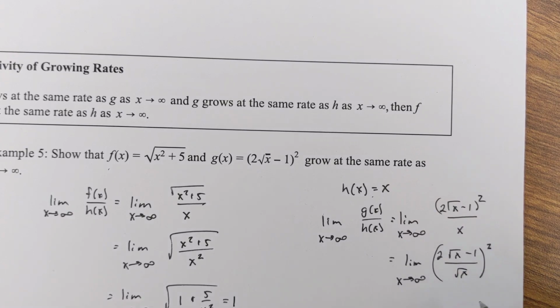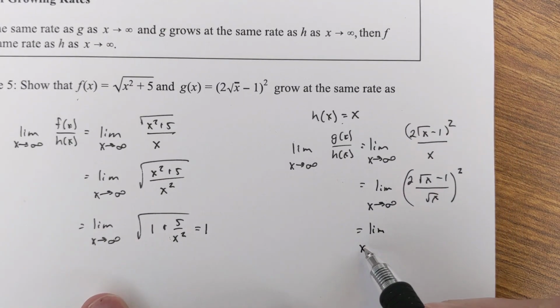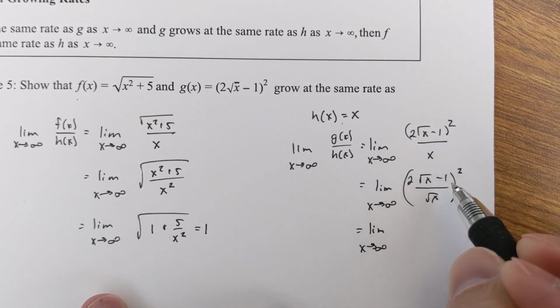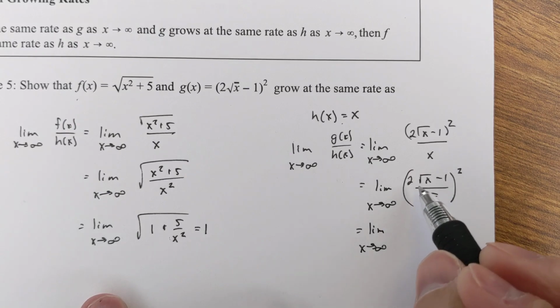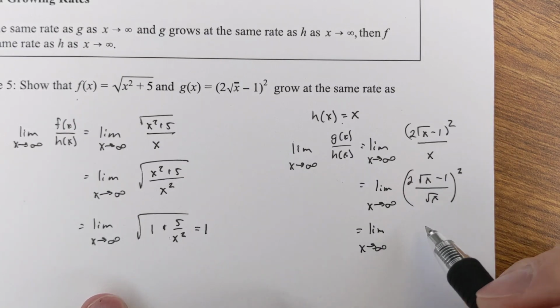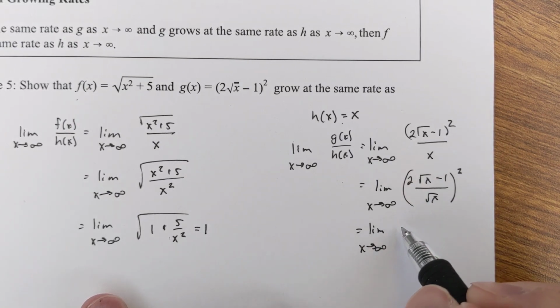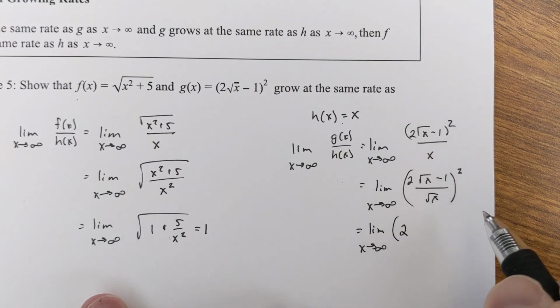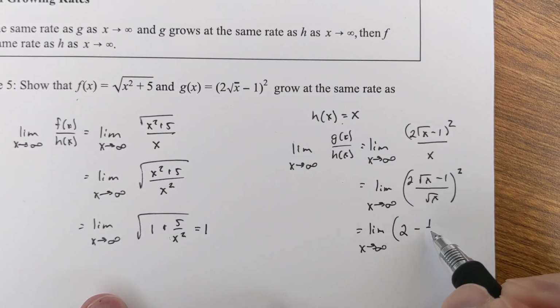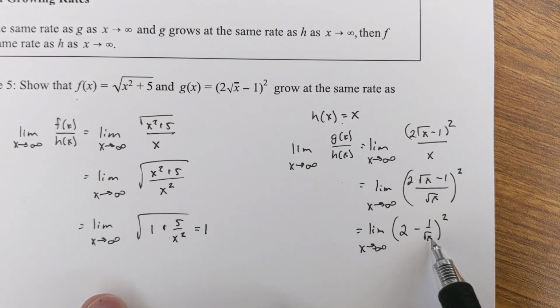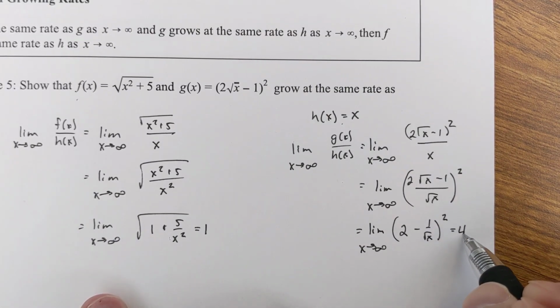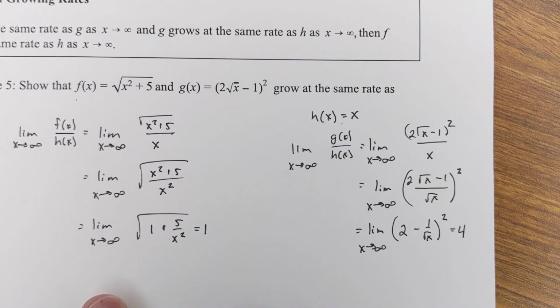So now if I square down there, break it up into two terms. So 2 root x over x would just be 2, minus 1 over root x, squared. So if x goes to infinity, this goes to 0, and this whole thing goes to 4.